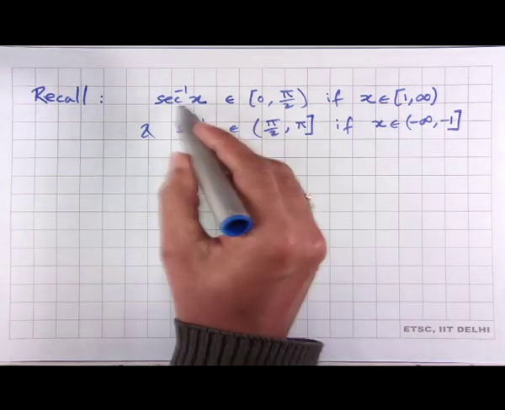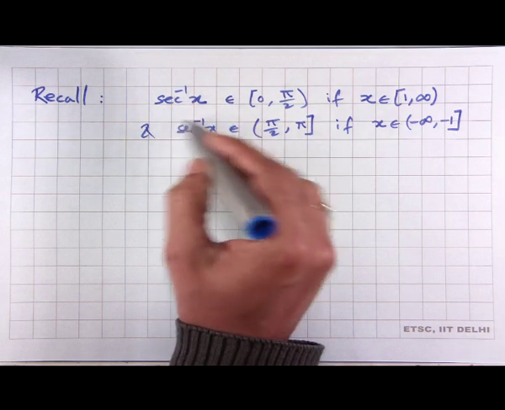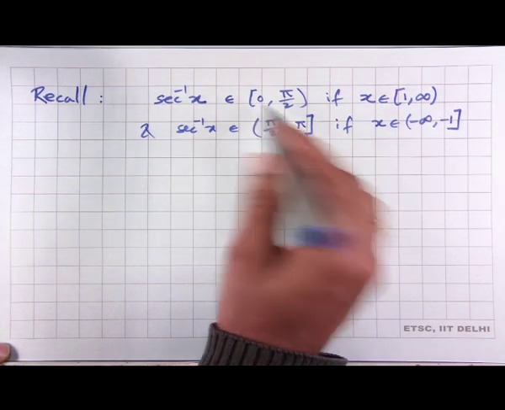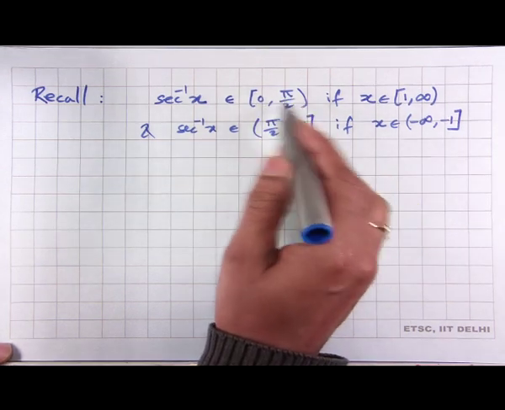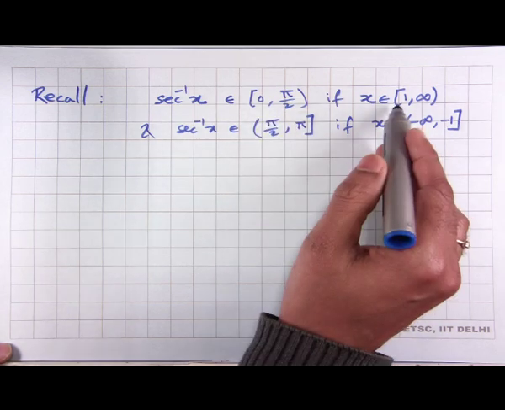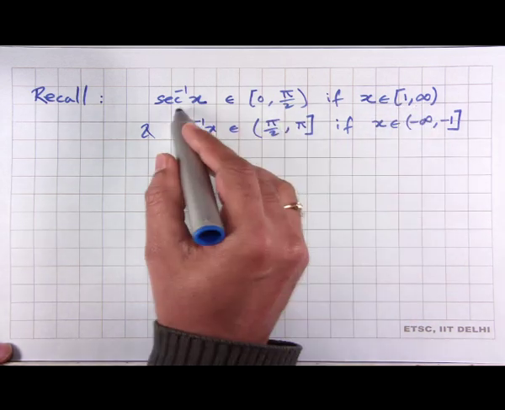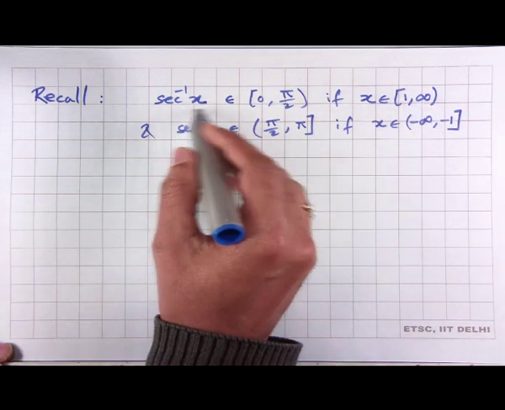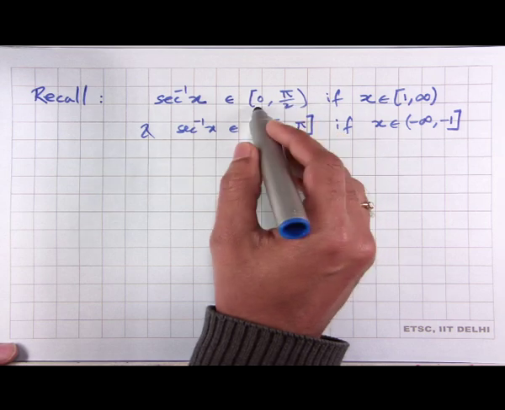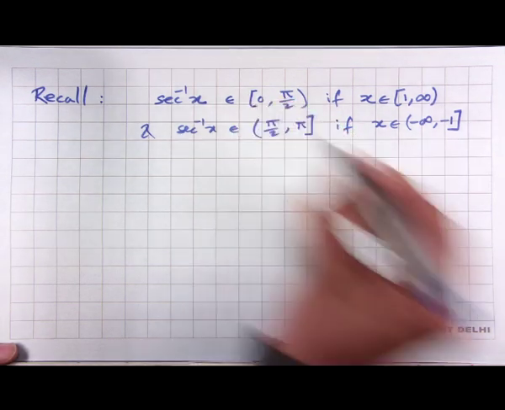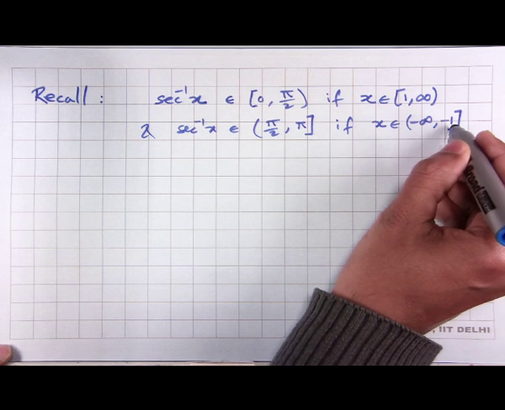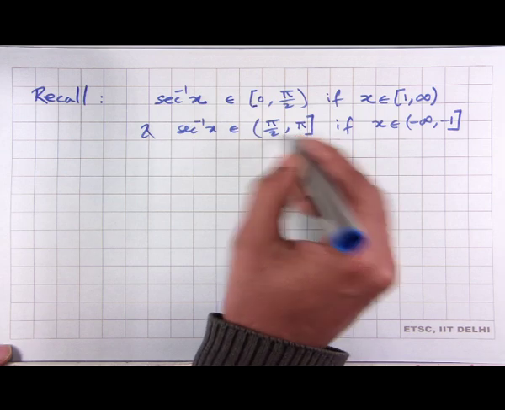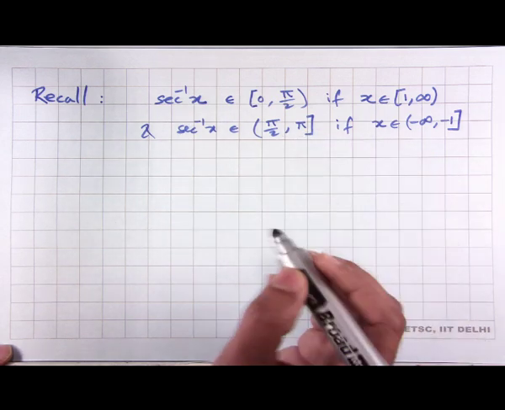This is because the secant inverse of x is always between 0 to pi and it can never be pi by 2, and if x is bigger than or equal to 1, then secant inverse x is less than pi by 2 and greater than or equal to 0, and if x is less than or equal to minus 1, then secant inverse x is greater than pi by 2 and less than or equal to pi.